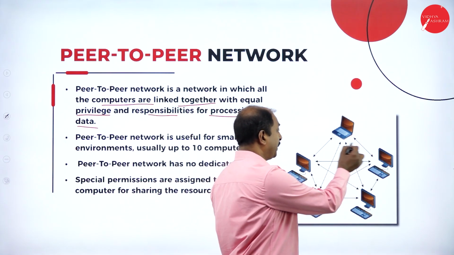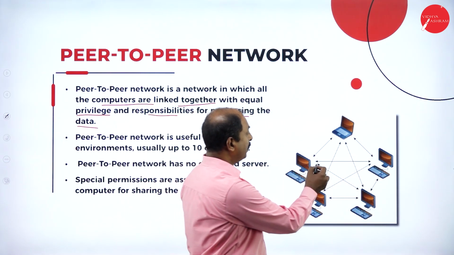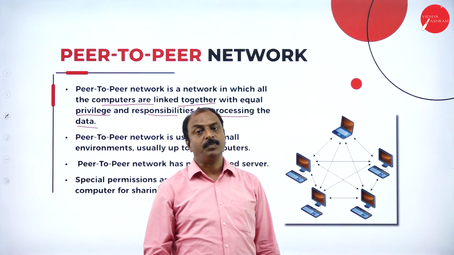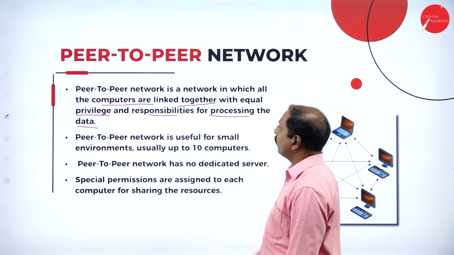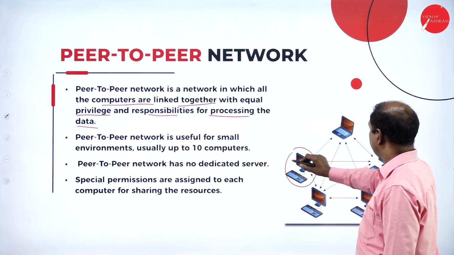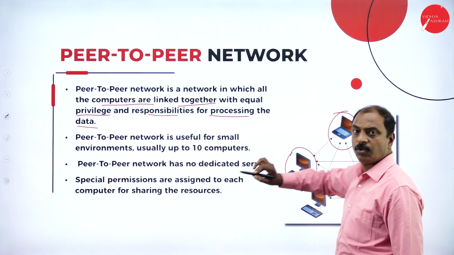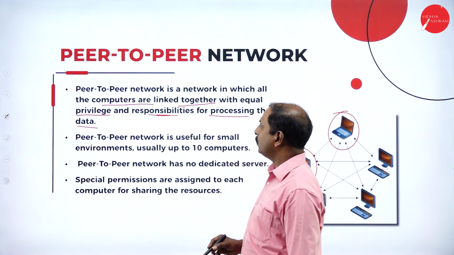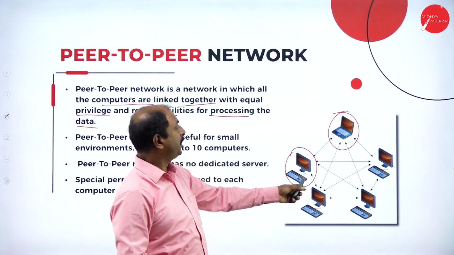Now look at the example here. In the diagram, there are different computers. All of them are interconnected. So this forms a computer network. But what is the meaning of peer-to-peer network? Here, all these computers will be given equal privileges and responsibility. So that is the definition of peer-to-peer network.